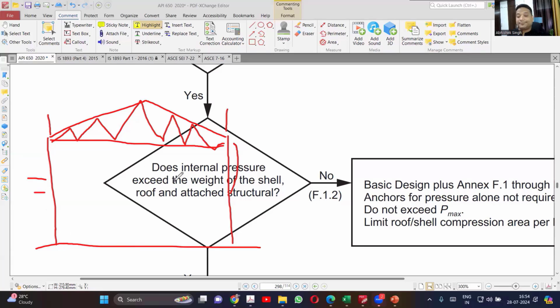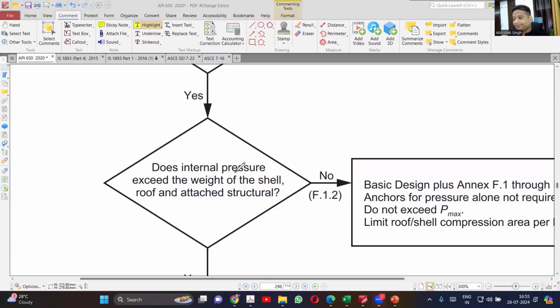So now you'll be checking, does the internal pressure exceed the weight of the whole tank? What we are leaving out is only the bottom plate. Because now we are considering that it will fail from here and go upward, by failing at the bottom part. Make sense?